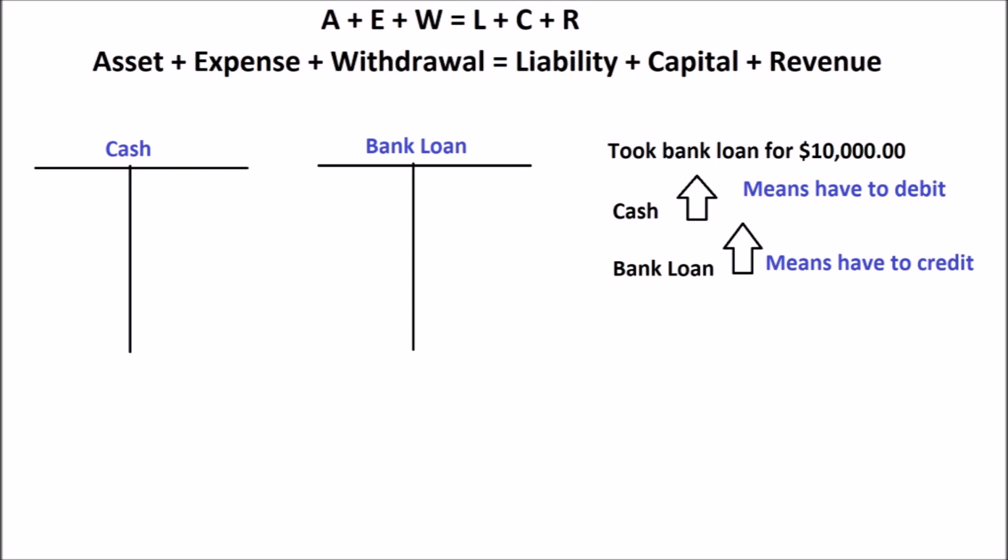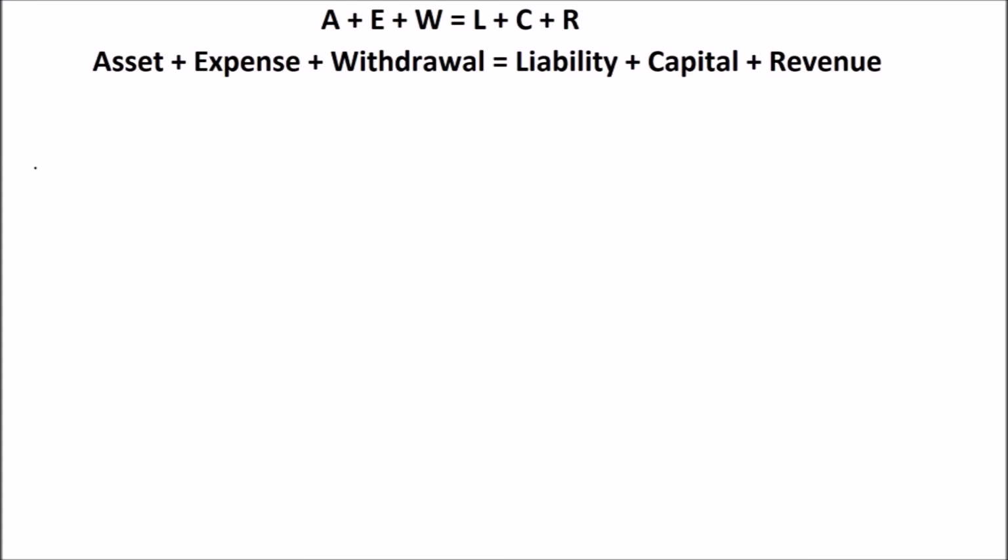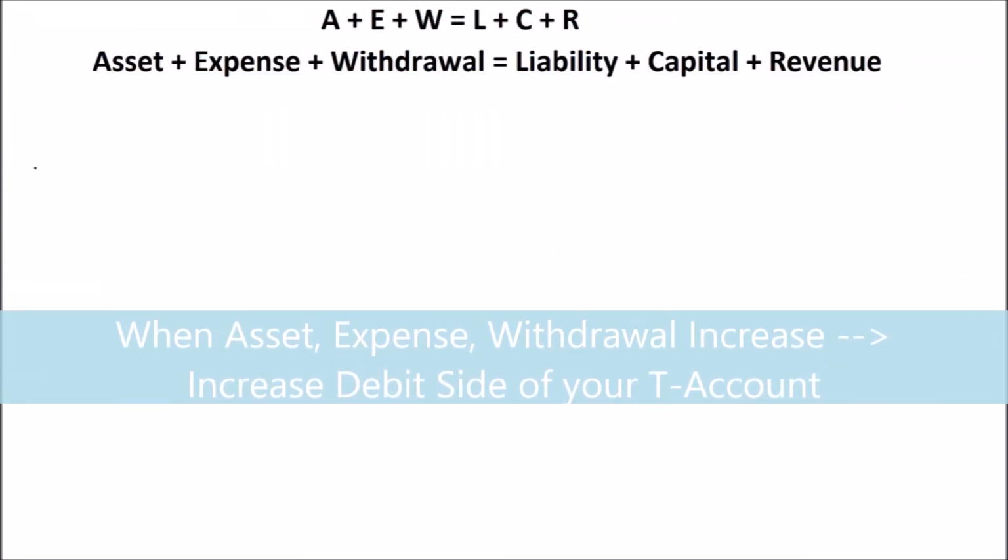Since your cash is sitting under the asset section on the left side, to increase it you have to debit your cash, and at the same time, since you are increasing your liability, you have to increase the credit side of your liability account. This is the basic.